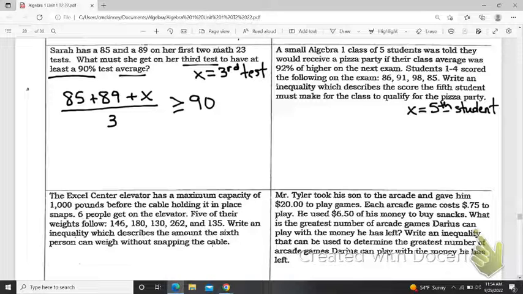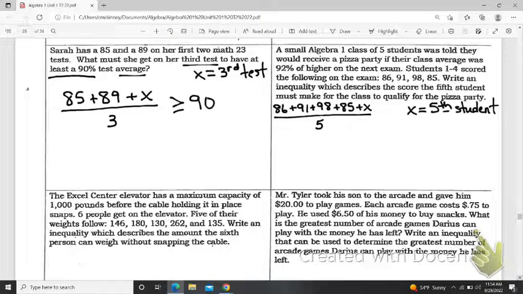And so the first 4 students earned an 86, a 91, a 98, somebody's rocking it, an 85, and then plus X. And then remember, we're averaging it, so we won't divide by 4, we'll divide by 5, because including the X, there would be 5 total scores.